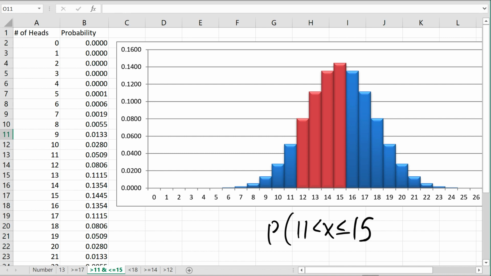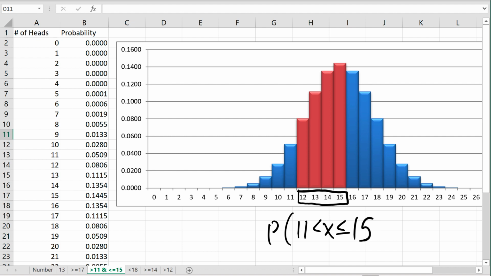So what that really tells us is that we just want our number of successes, or our number of heads, to be between 12 and 15. Because greater than 11 has to start with 12, because again, we're dealing with only whole numbers here. And then less than or equal to 15 does include 15.